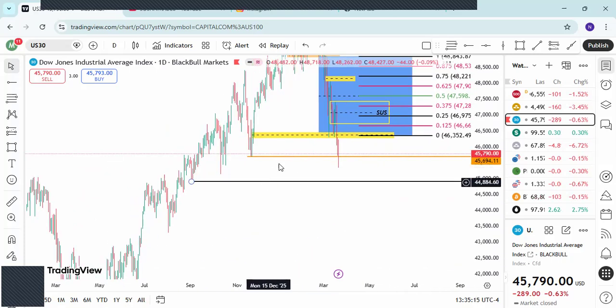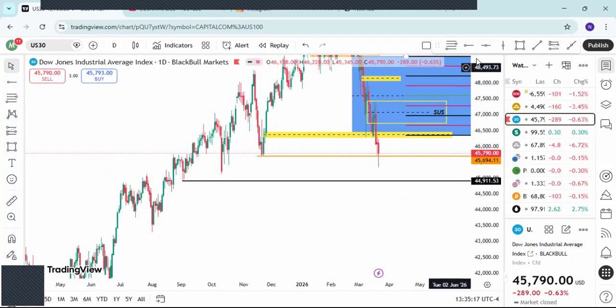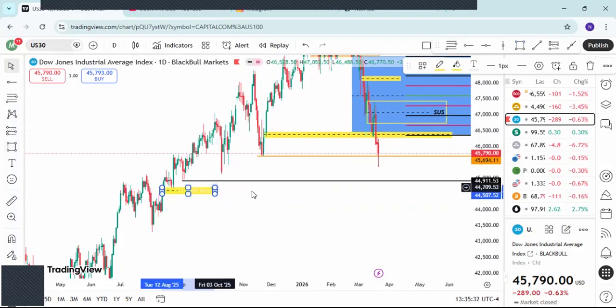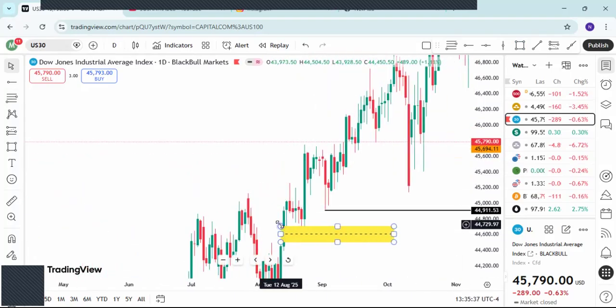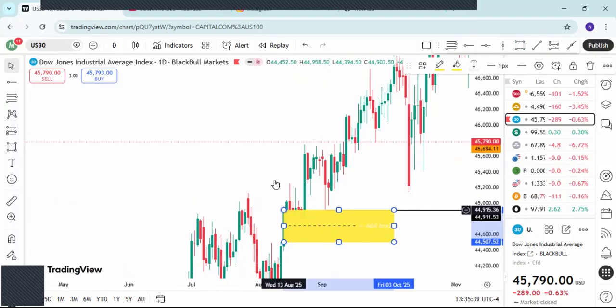But we're looking for sell side down there. This is a draw in here. Let me zoom in on the parabolic volume imbalance there. You can see it. Okay, yeah, that's a parabolic volume imbalance.